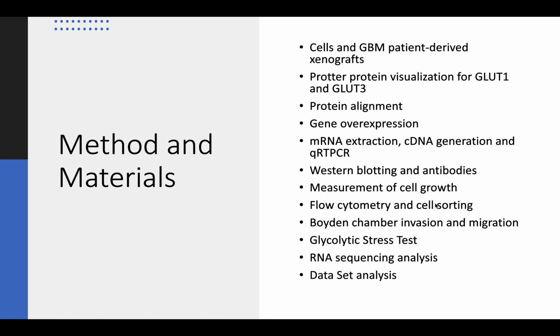The flow cytometry and cell sorting that was used is self-explanatory. Boyden chamber invasion and migration was very much used for the invasion and migration part of it. But again, for the most part, self-explanatory.